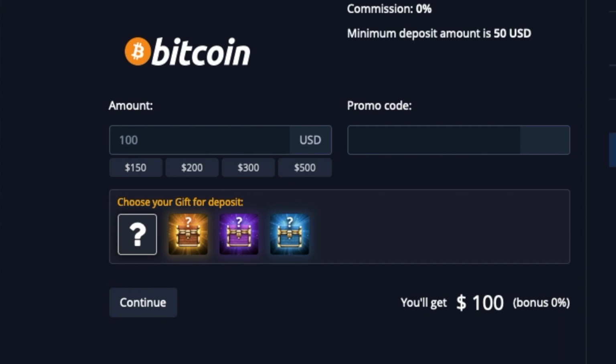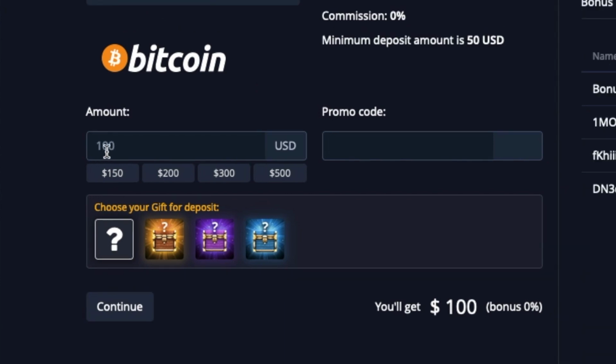So if you go below that and you've been trading and you've lost and now you've got $36, you're not going to be able to withdraw that money until you get back up to $150. So just keep that in mind.